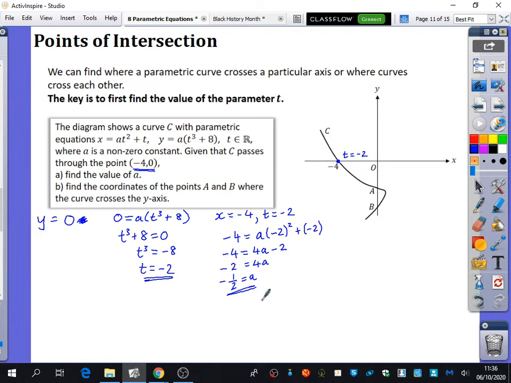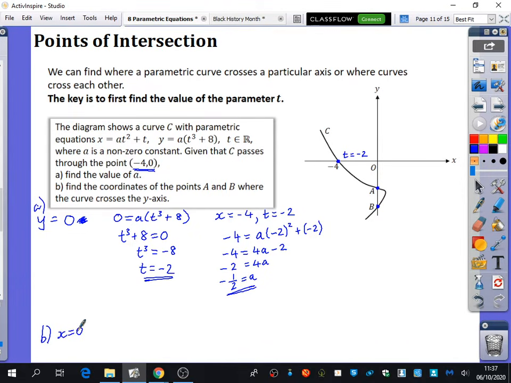And then it says for part b of the question, find the coordinates of the points A and B where the curve crosses the y-axis. So I need to find this bit here and here. What's true when something crosses the y-axis? x equals 0. Okay, so for part b, we now know that x is going to be equal to 0.